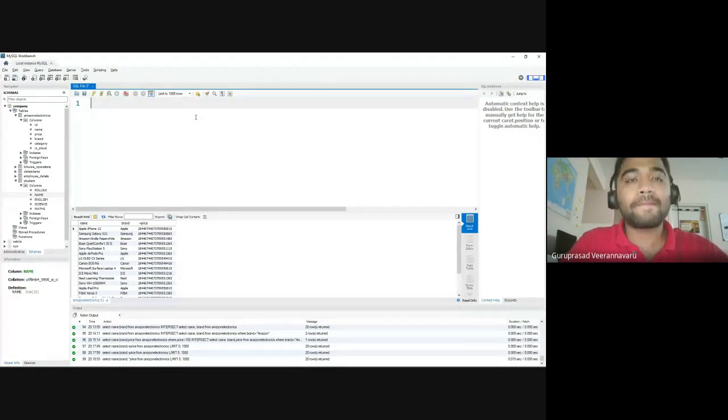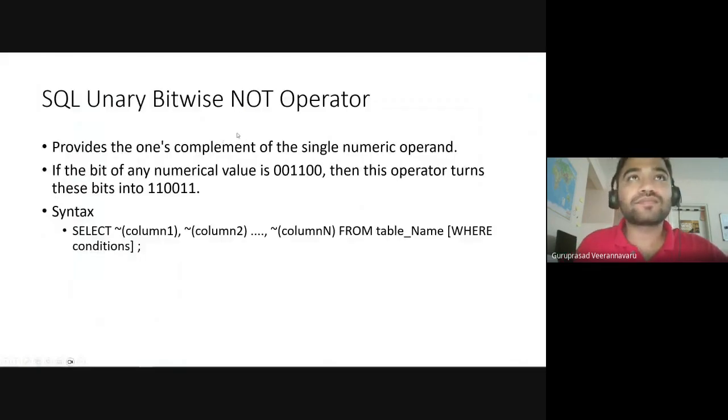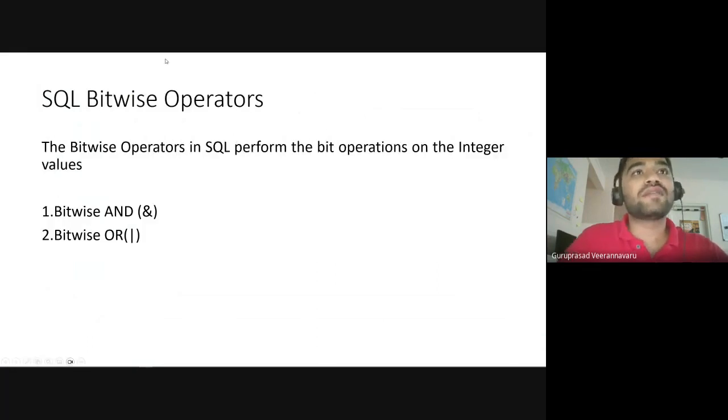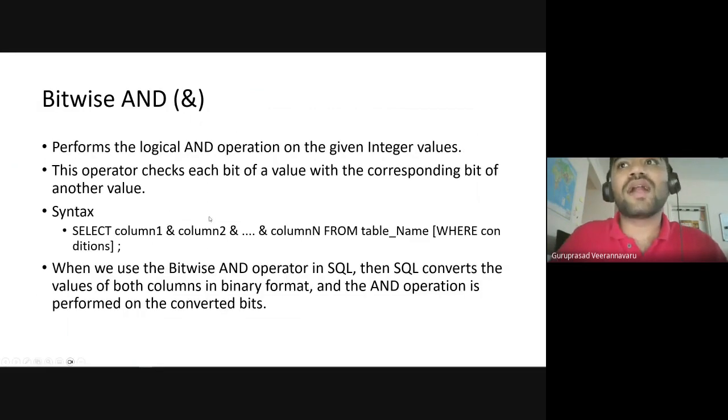Okay. So then these are unary operators, and then we have again bitwise AND and bitwise OR. So what does bitwise AND and bitwise OR do? They take binary values and then they do an AND and OR of individual bits.